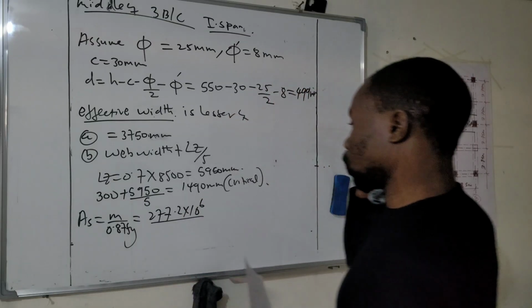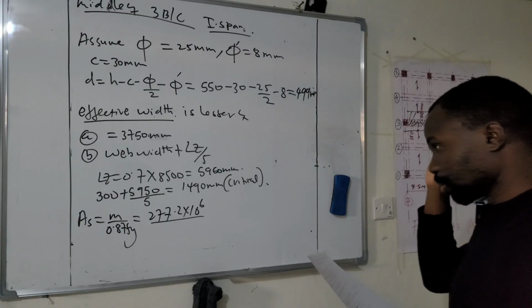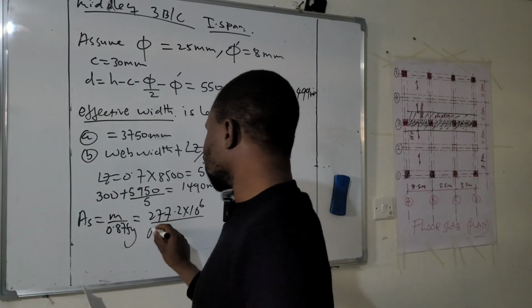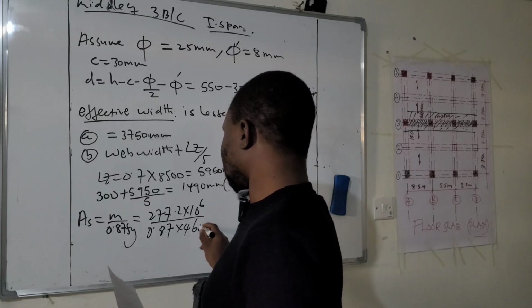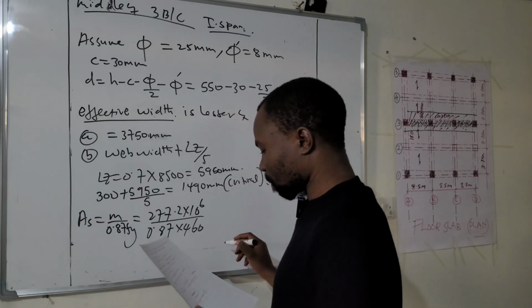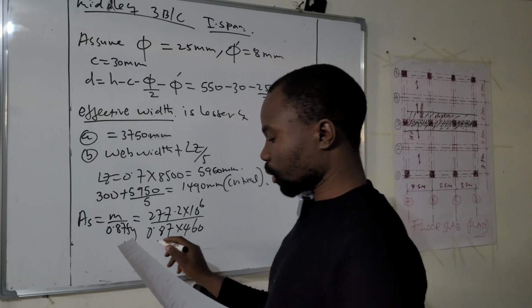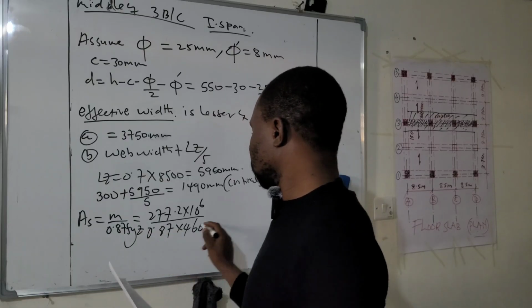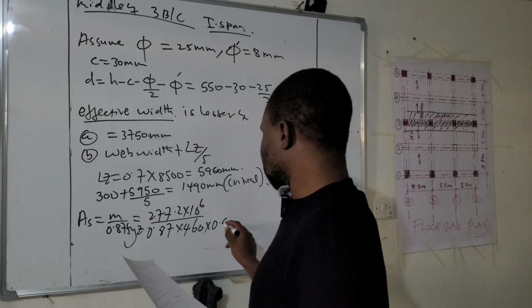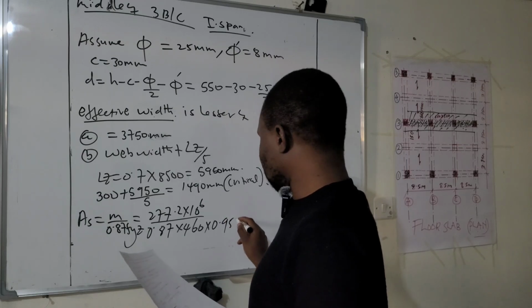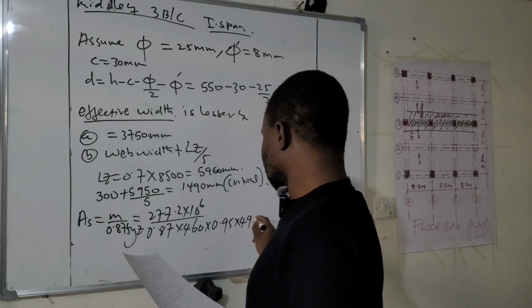This M we already have in our initial table. You change it from kilonewton meter to Newton millimeter, over 0.87 times 460 times Z, and this should be 0.95 times 499.